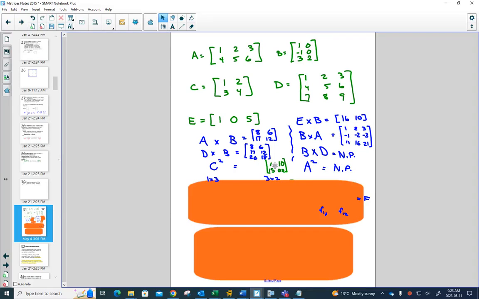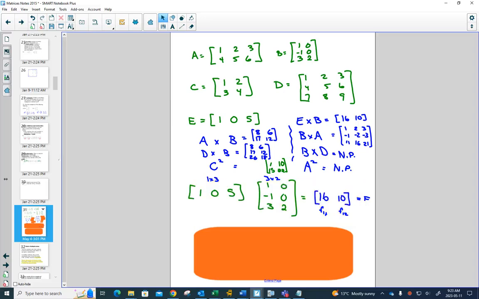I've given a hint to say that looking at the dimensions might say when something works and when something doesn't. So if we look here, I've got E times B. I'm looking at that one because that one's 16 and 10. That seems like the smallest answer, so maybe it would help us figure out things the most.